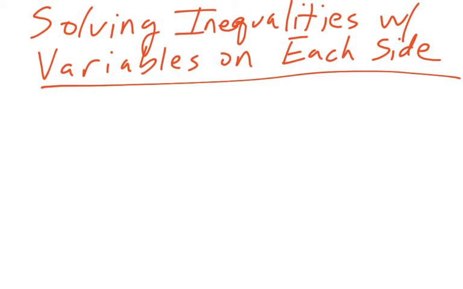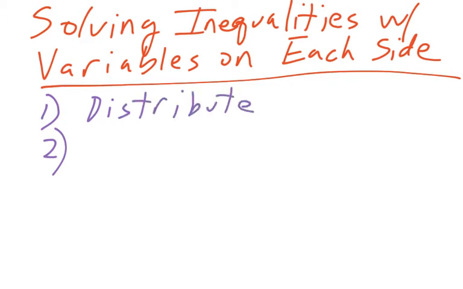Now before we start, it's so important that, and I'm just going to shorthand this because we'll talk about it more in detail in the next lesson, but remember to always distribute first if you have parentheses, right? And the second thing you want to do is combine like terms on each side. That's where you add up the like terms and keep them on the side they're on.